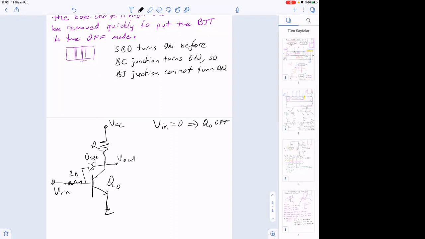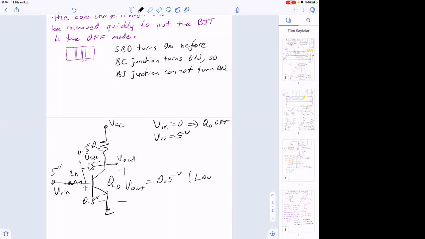So, but when V in is equal to 5 volts, this junction turns on and this becomes 0.8 volts because a lot of current is coming. And then this turns on and this becomes 0.3 volts. Therefore, V out becomes 0.5 volts.